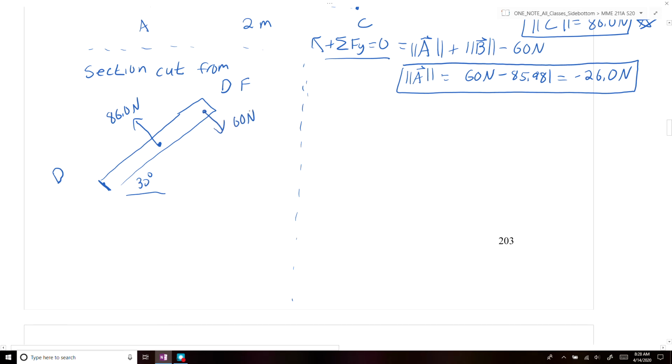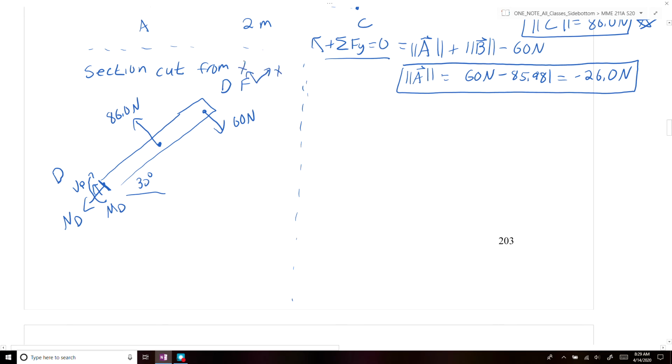All right, and then at point D, where we took our section cut, we have our three internal forces. We'll have ND, VD, and the moment at point D. All right, so to find each of these internal forces, we're just going to apply our equilibrium equations. We're going to set our x and y axes.